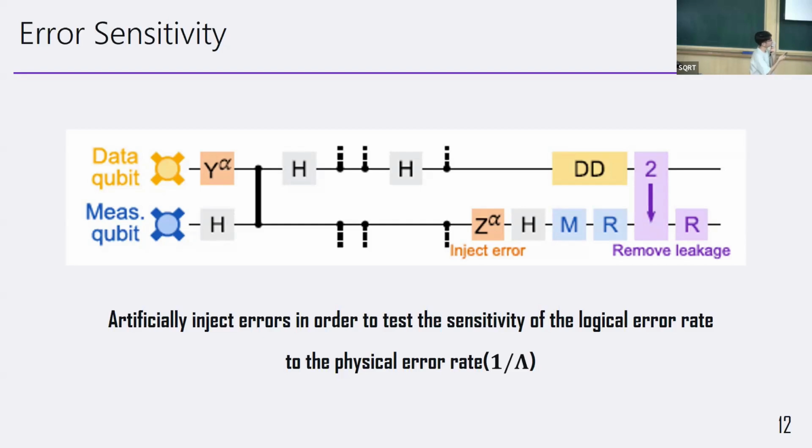For those who don't know what it is, it's basically a pulse sequence. In superconducting qubits, they use pulses as gates, and dynamical decoupling is a series of pulses used to mitigate errors. So this is just always there. This is your leakage removal procedure. What they did here was artificially inject errors to test how sensitive it is.